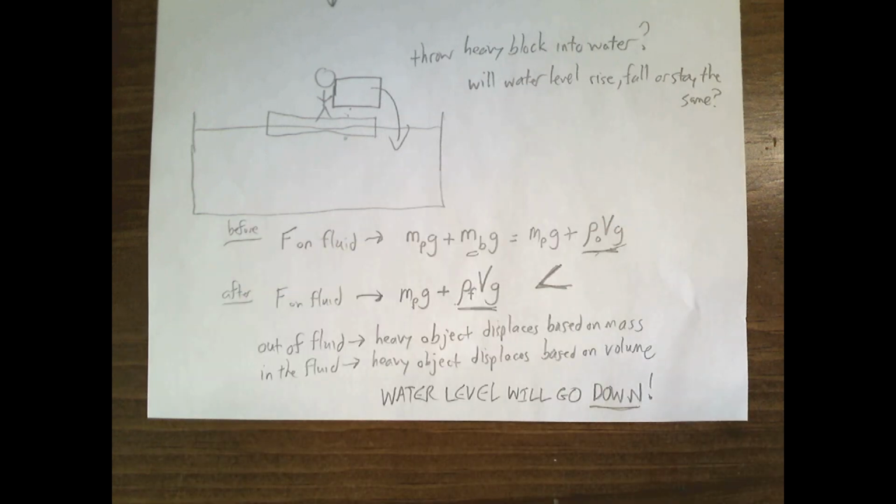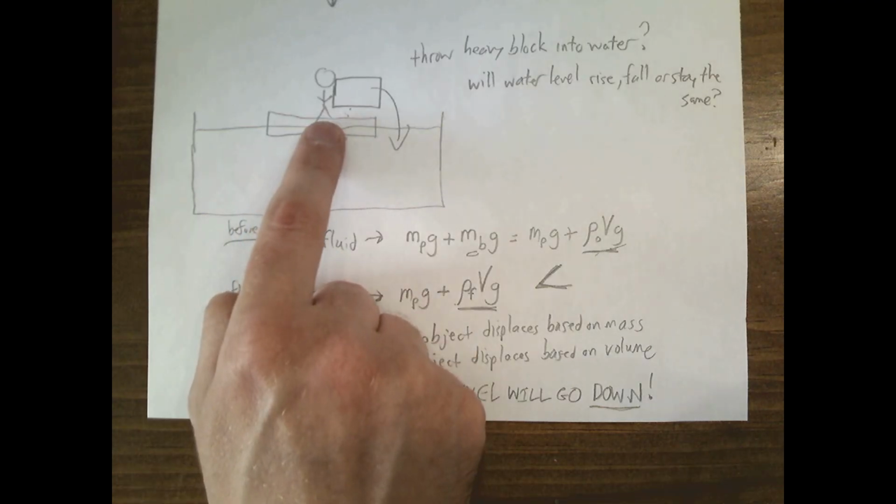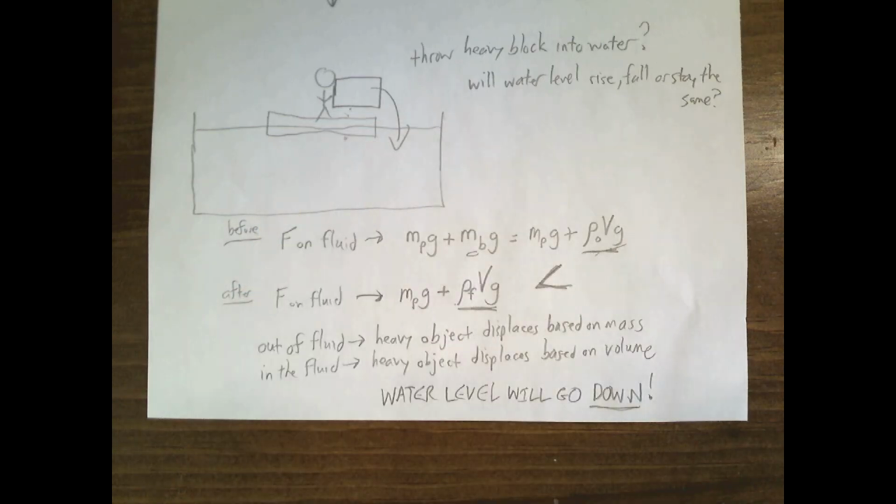Usually we think an object in a fluid is going to make it displace more fluid, but it's already displacing as much as it can outside the water. It will end up displacing less, and thus making the water level go down due to that lesser displacement. So hopefully you predicted the right answer.